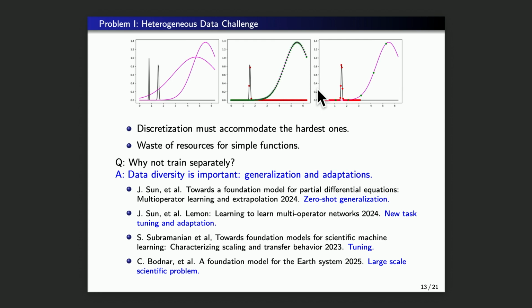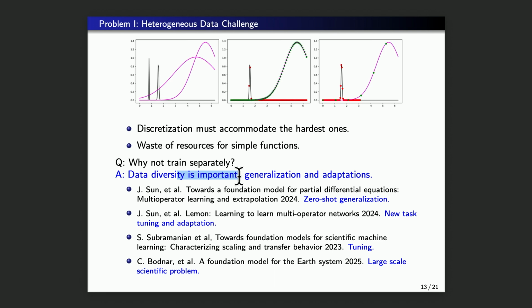But you may have a question: why don't we train separate neural networks, one for the smooth and one for the complicated? The answer is that this violates one principle which is very important in scientific machine learning, which is data diversity. So what is data diversity?